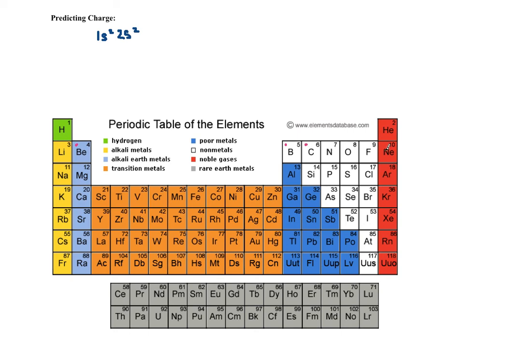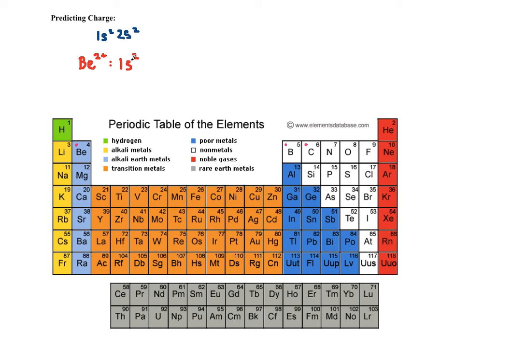Just number-wise, losing 2 valence electrons is easier than gaining 6. So beryllium is going to lose 2 valence electrons. So this 1s2, 2s2 becomes, if I have beryllium 2+, I've lost 2 electrons, so it's just going to become 1s2. And that's it. I got rid of the 2s2 because I lost 2 valence electrons.